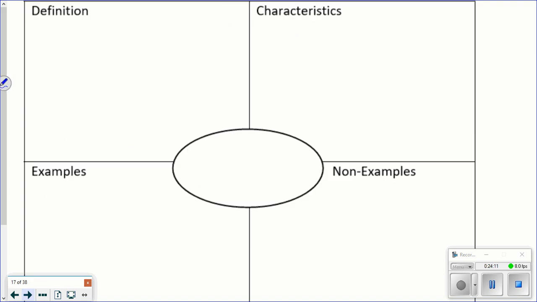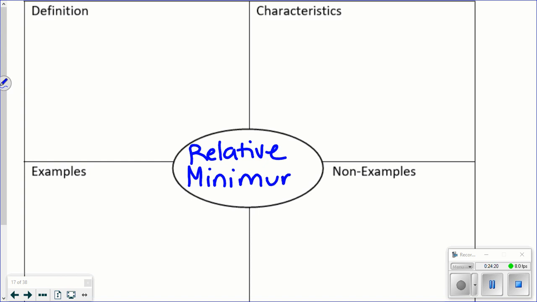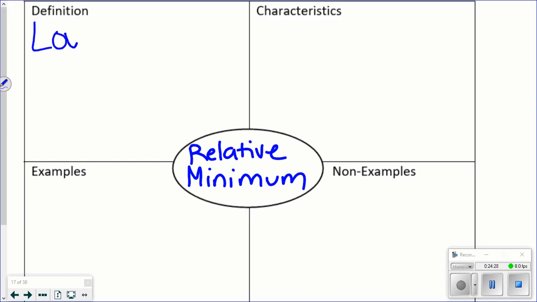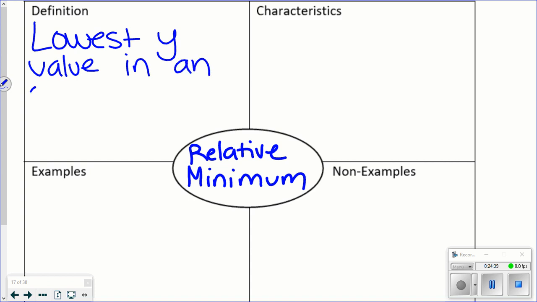Okay, relative minimum. This would be the lowest y value in an open interval.